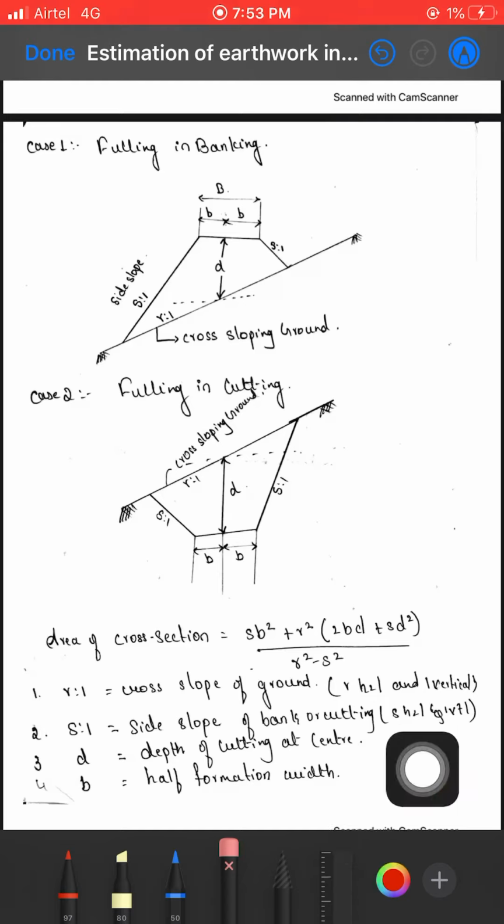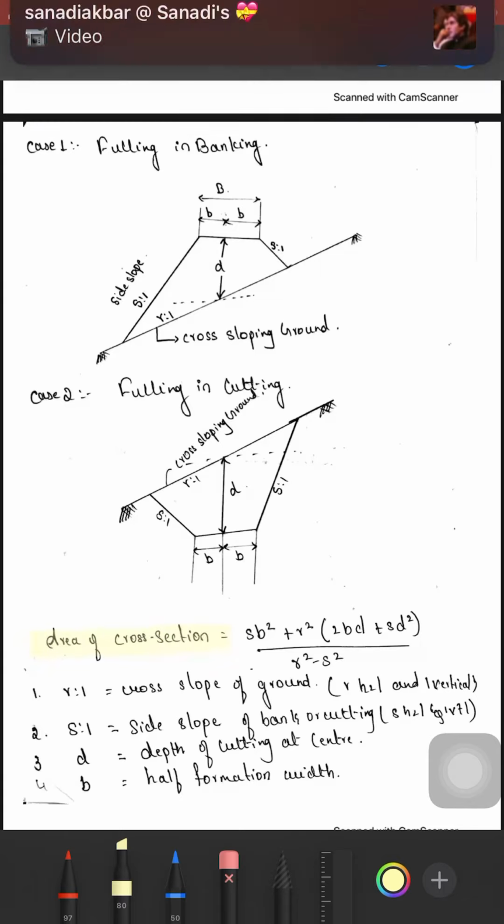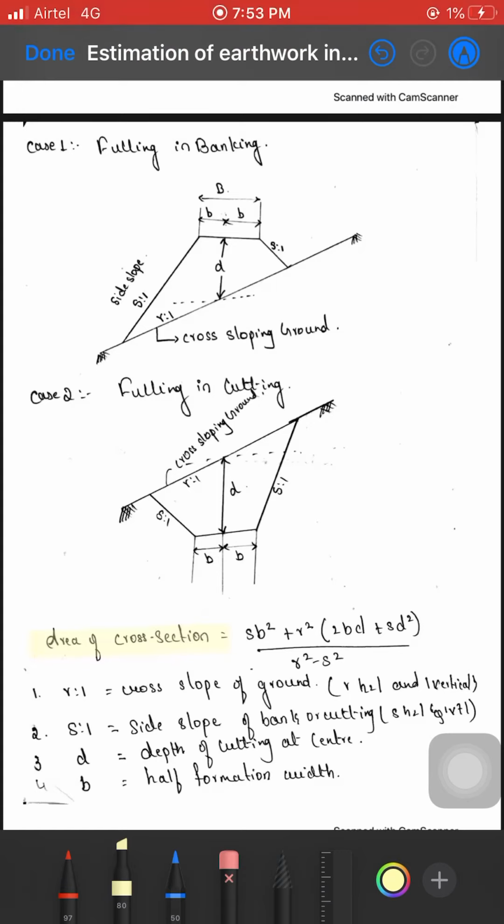For fully in banking and fully in cutting, we have the formula for the area of cross section as (S b squared plus R squared... ) that is, the area equals (S b squared + R squared (2bD + S D squared)) divided by (R squared minus S squared). Where R is to 1 is the cross slope of ground, R horizontal and 1 vertical. S is to 1 is the side slope of banking or cutting. D is the depth of cutting at the center, small b is half formation width, and capital B is full formation width.